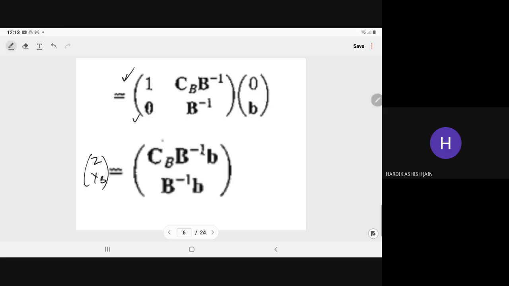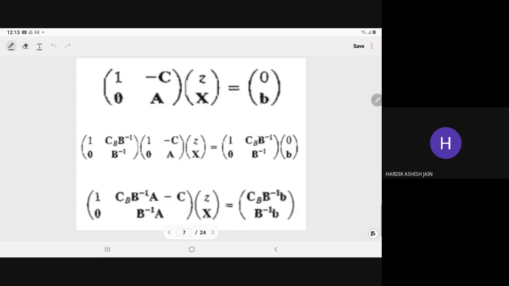And if you pre-multiply these matrices with the given equation 1 minus C 0 A, Z, X and 0 b, what you will do?